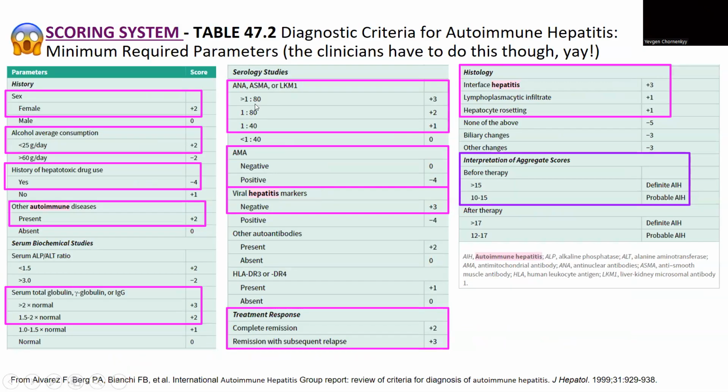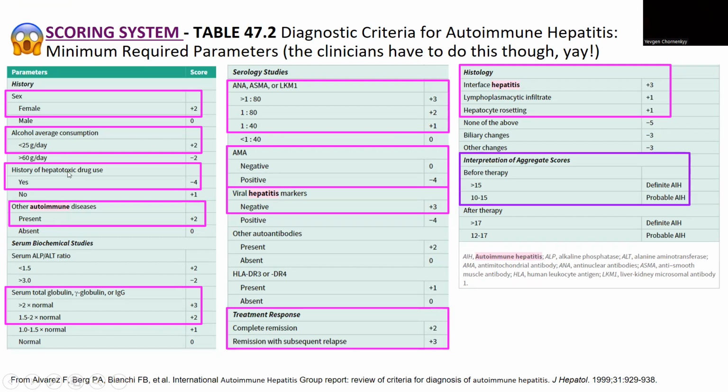Okay, a lot going on here, but luckily we don't have to do this. I think the clinicians have to do this. They take these biopsies and the patient's overall features and use a scoring system to diagnose autoimmune hepatitis. So you can see gender plays a role. If they don't drink, they get 2 points. If they drink, it's probably alcoholic hepatitis.